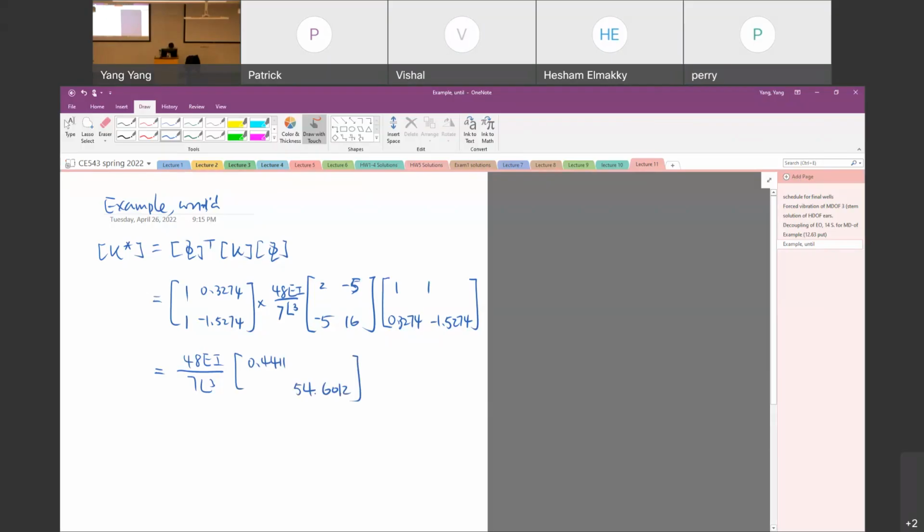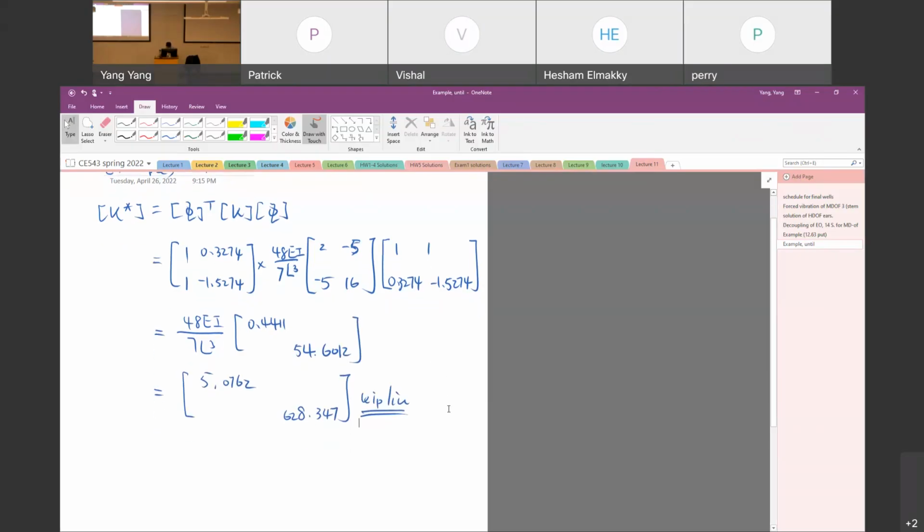We just substitute everything, in kips per inch. So as you can see here, that K star is also a diagonal matrix. The other two are equal to 0. So any questions up to here?